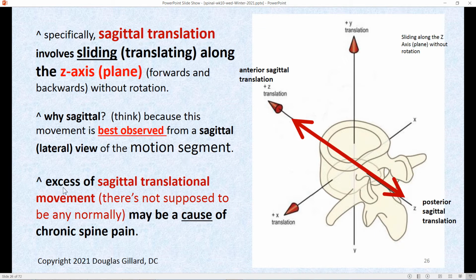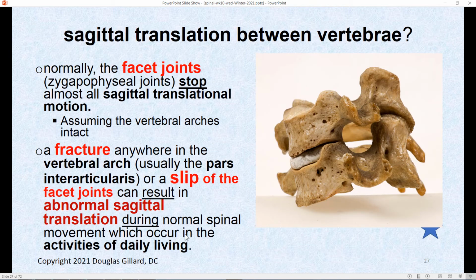And yes, excessive sagittal motion of one vertebra on the other can definitely cause pain, and that's something you take flexion extension x-rays to look for. I think we're going to go down a little rabbit hole because this is such an important motion. Normally, if you think of a sagittal motion, let's say this is C5 and C6.